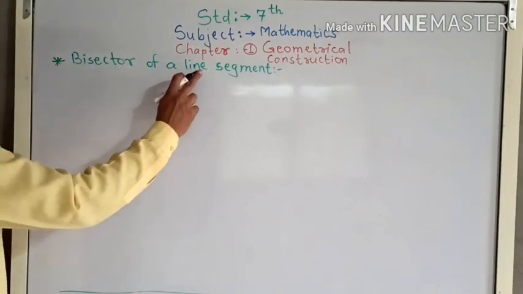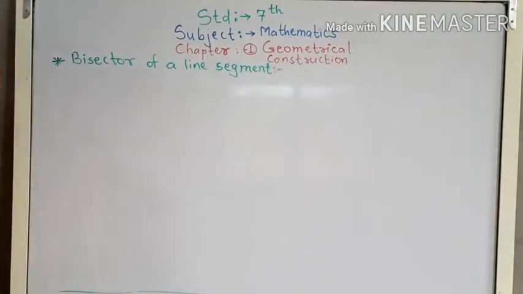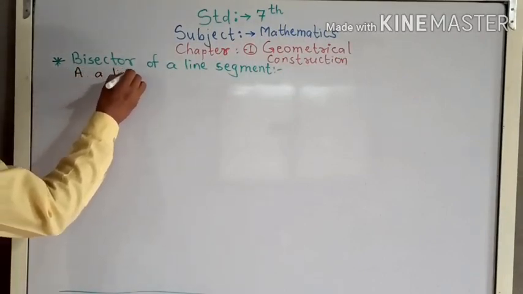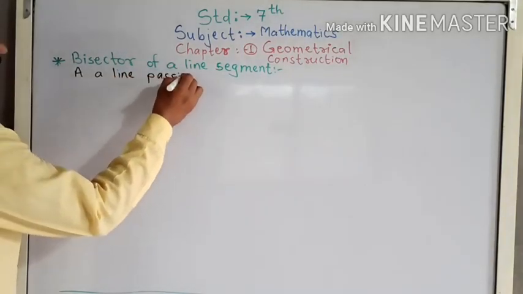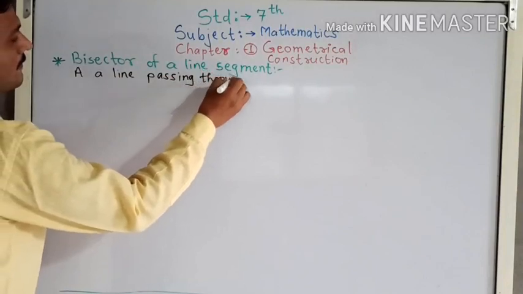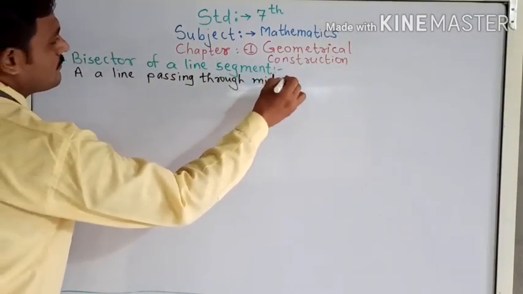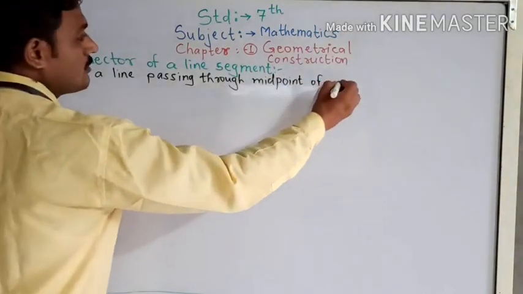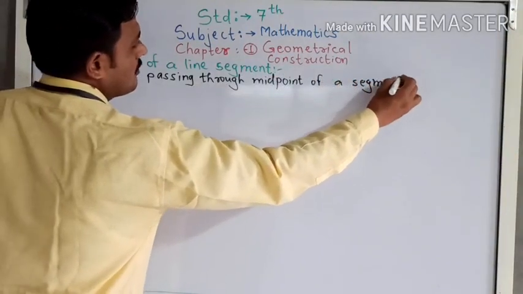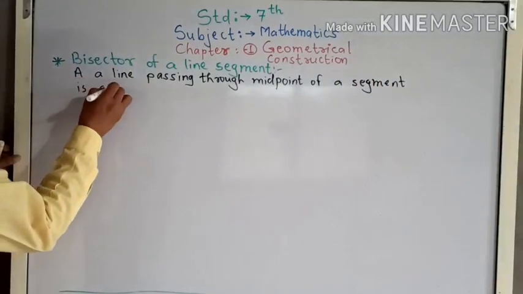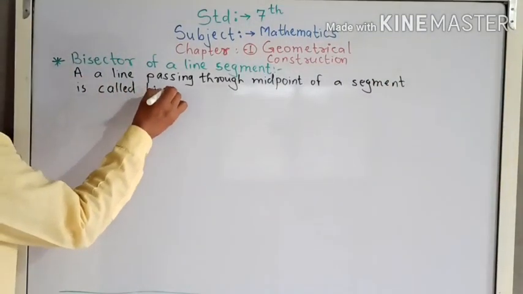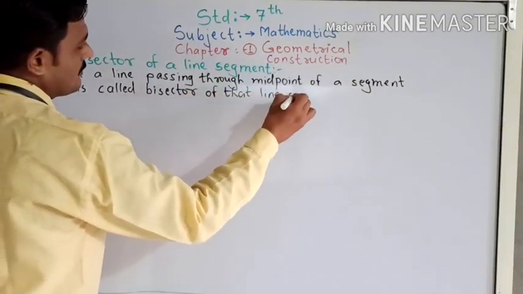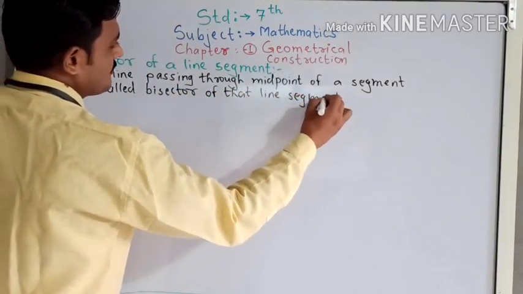Concept: bisector of a line segment. A line passing through the midpoint of a segment is called the bisector of that line segment.